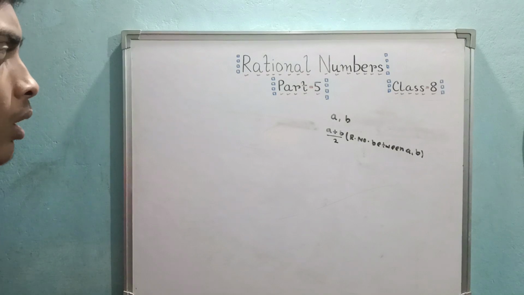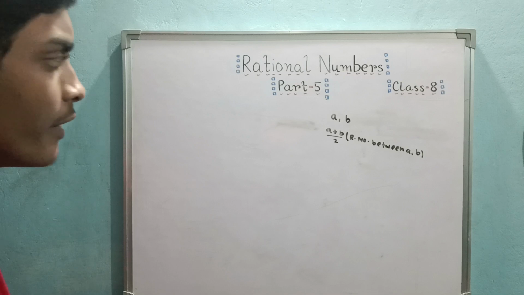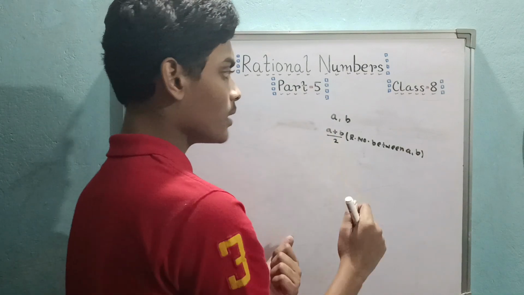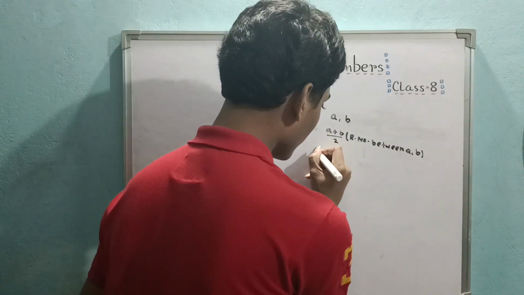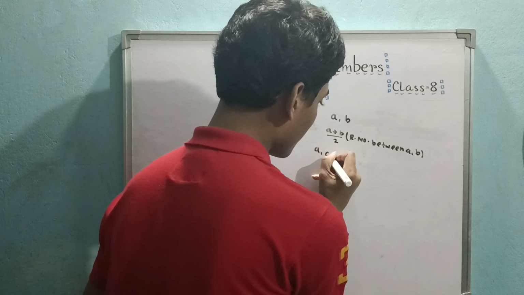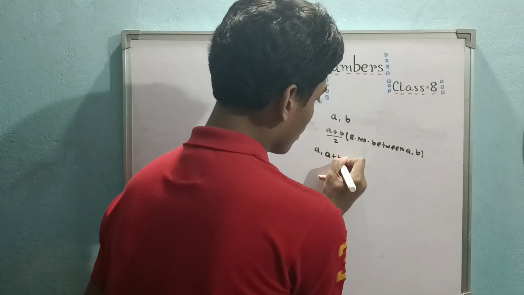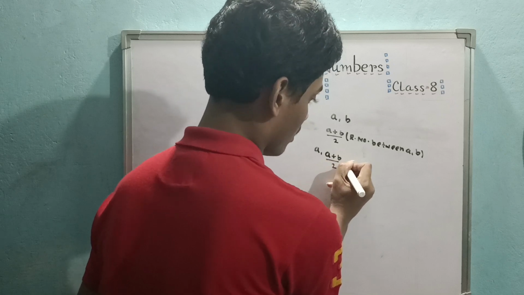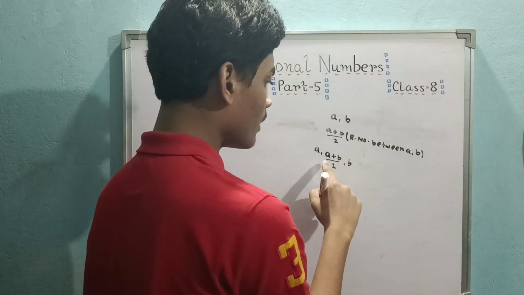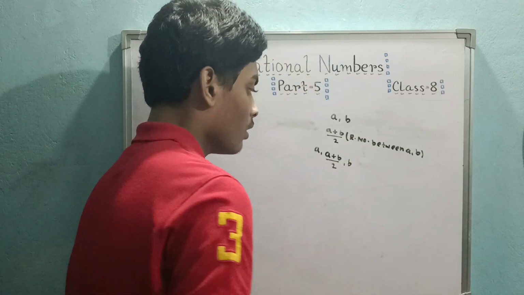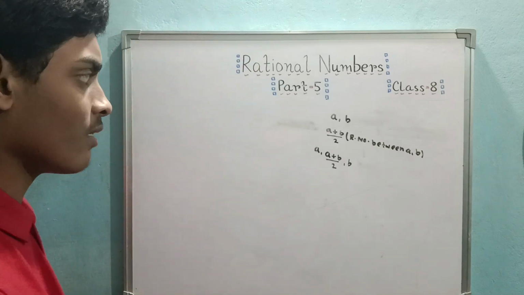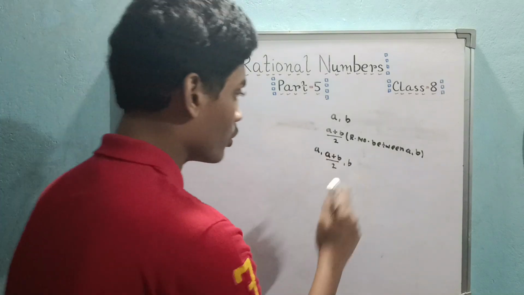Now if you are told to insert two rational numbers between a and b, then already you got one, right? So this is a, then a plus b by 2, and then b, because a plus b by 2 is the number between a and b. Now to get the next rational number, suppose you have to insert another rational number between a and b.